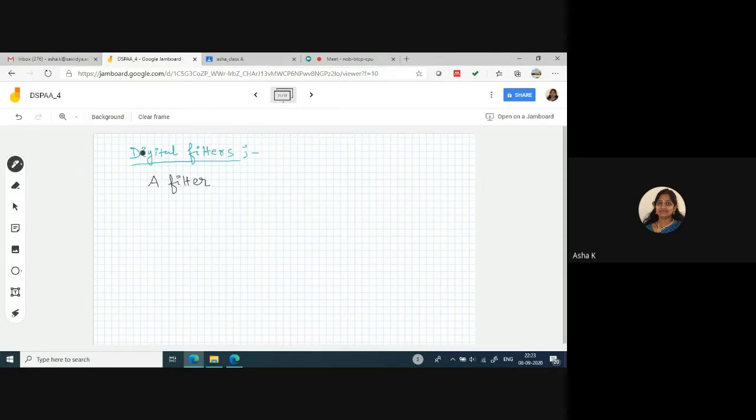So a digital filter is generally represented as a sequence h of n that operates on an input sequence x of n to obtain the output y of n.